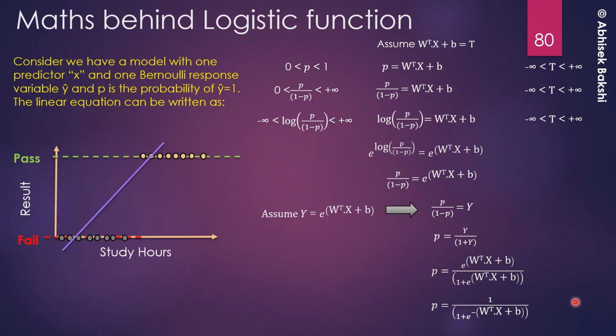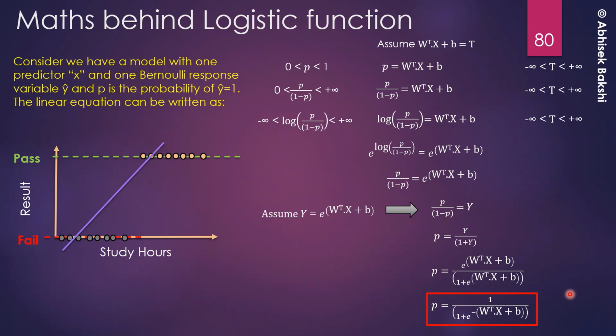And if you can recall what exactly we saw in the logistic function in my previous slide, it was z equal to 1 by 1 plus e to the power minus x, right? So instead of minus x, we have here w transpose x plus b. So it's basically a similar type of equation, right?